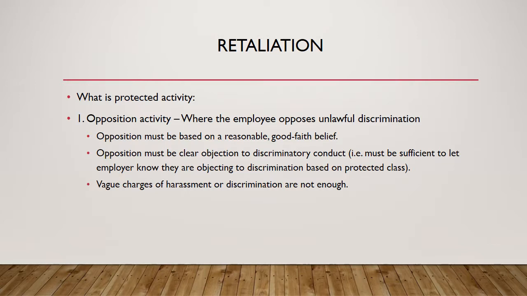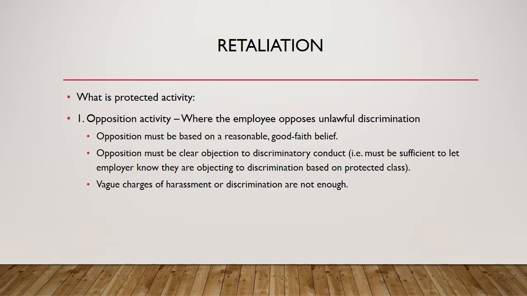And then you've got to clearly object to that discriminatory conduct. If you don't object sufficiently that the employer knows that you're objecting based on protected classes, then you're not going to engage in opposition activity. Vague charges of harassment or discrimination are not enough.